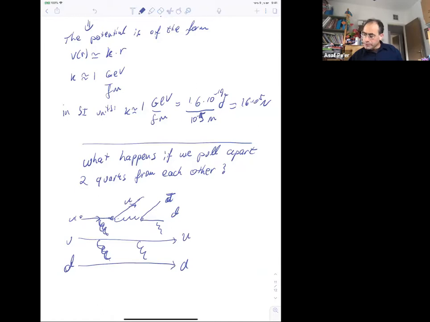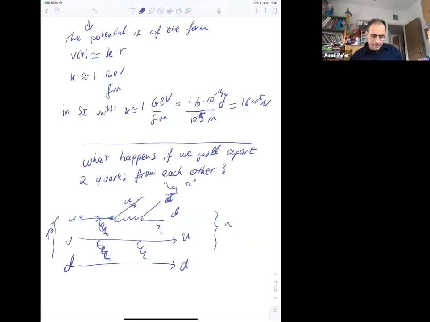So we end up producing a new meson, this is the charged pion, and this is a neutron. That's really what happens. We try to pull away a quark from its friends, and we end up producing mesons.